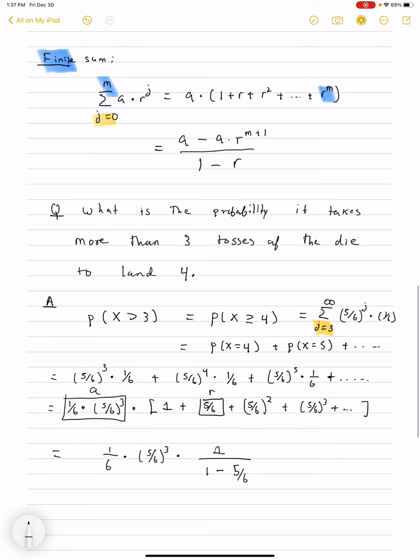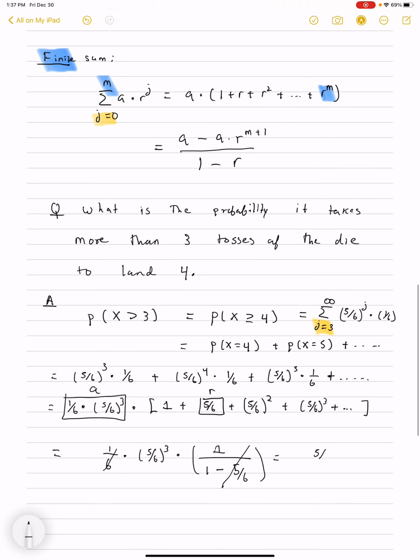Now we do see that this denominator 1 minus 5/6 is 1/6, so 1 over 1/6 will cancel with that. That'll be 5/6 cubed. And that's the probability it takes more than 3 tosses of the coin to land on a heads.